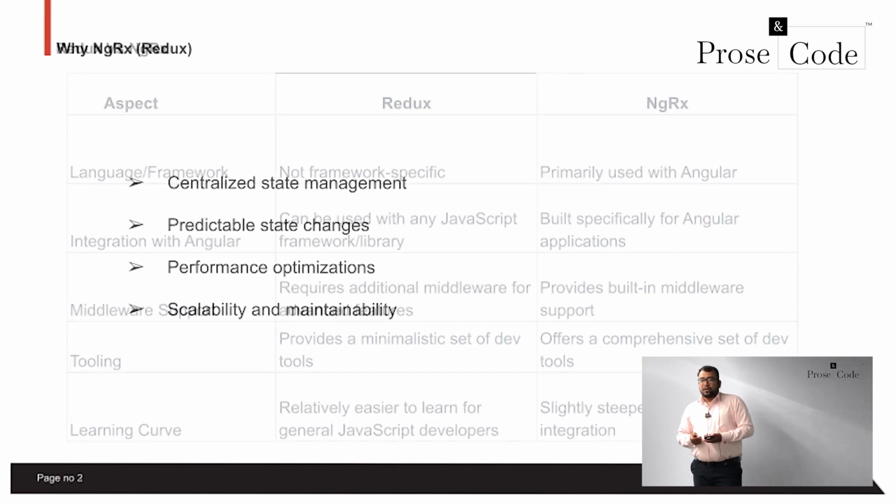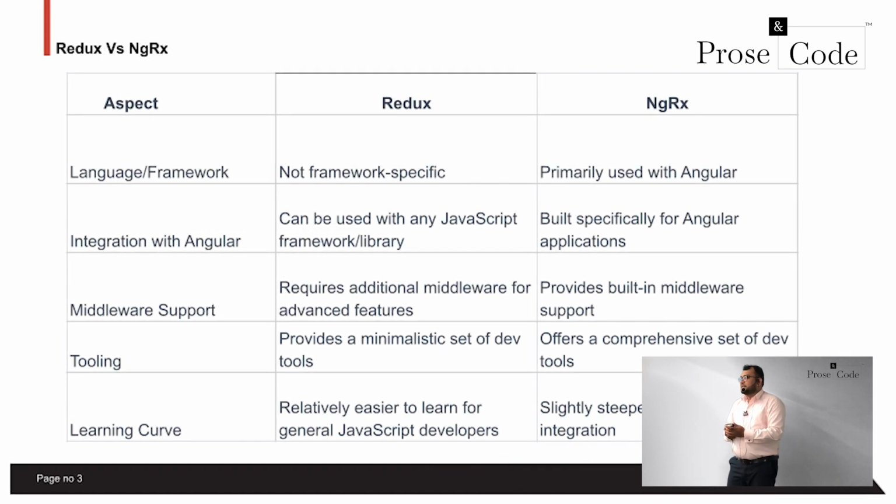As said, the NgRx package is inspired by Redux. Redux is a native JavaScript library. I think both are similar, whereas Redux can be used in JavaScript and TypeScript, NgRx is specific to Angular. There are plenty of development tools supported in Angular.